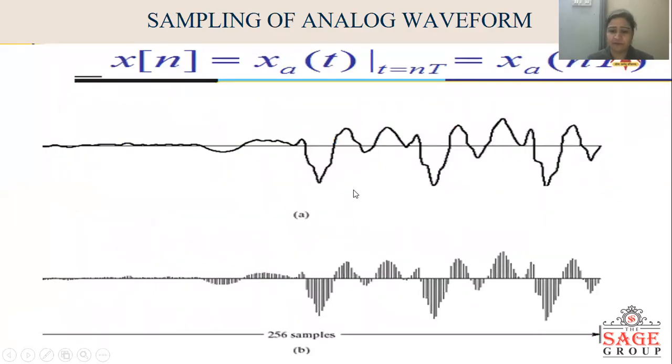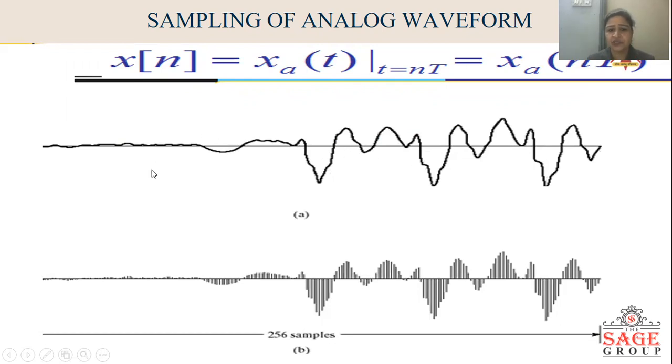From this waveform, we can see the difference between the continuous signal and the discrete signal. This is the continuous time signal. Here we can see along the y-axis, we have the amplitude of the signal, whereas along the x-axis, we have time. Now, this signal has a value at every instant of time, so it is a continuous time signal.